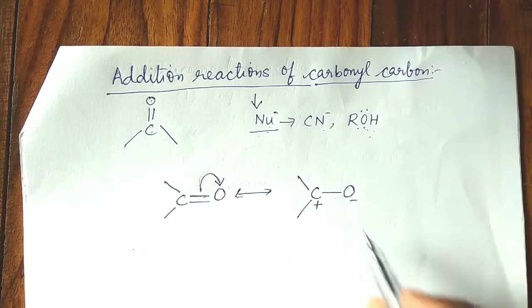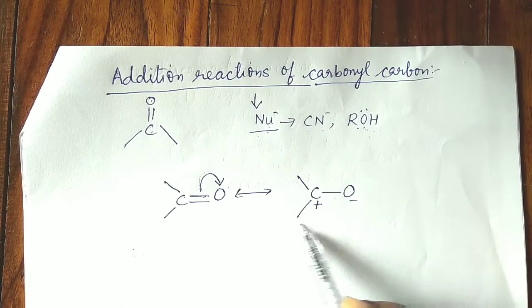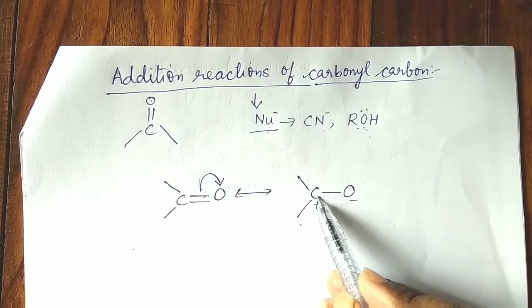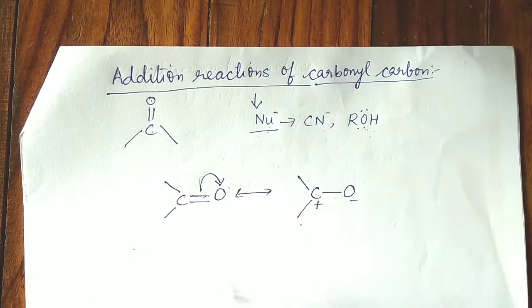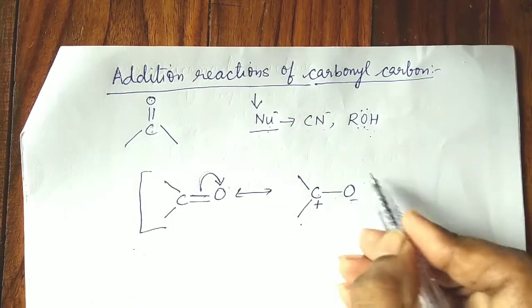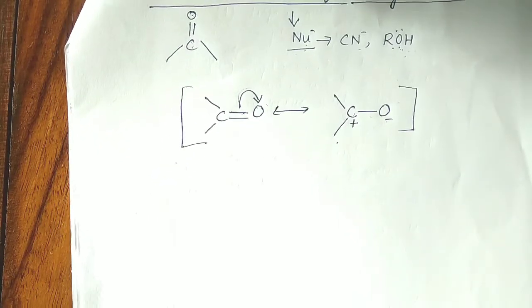And because of the formation of this reaction intermediate, nucleophilic addition reaction will take place on the carbon. So this is the resonating structure of the carbonyl carbon. So let us see the reactions.